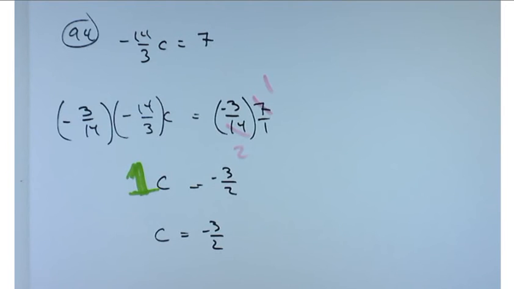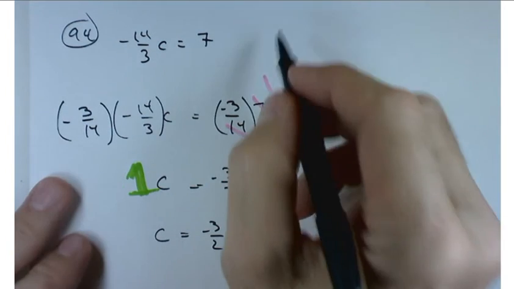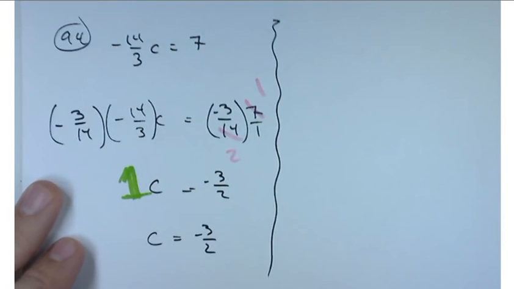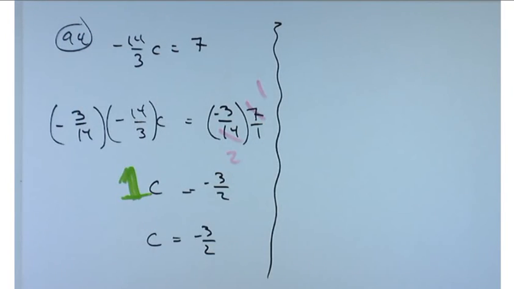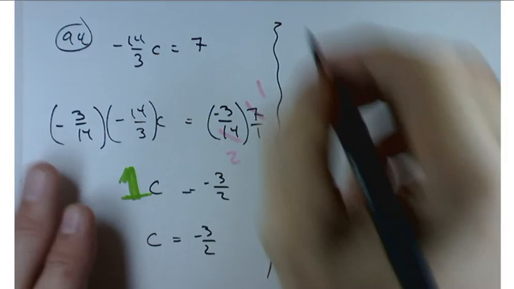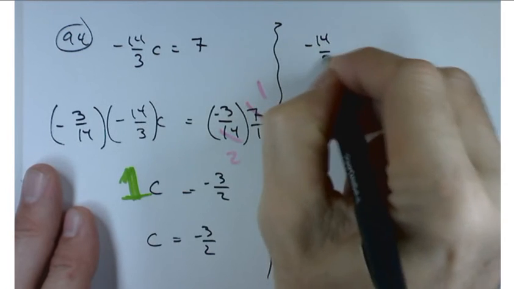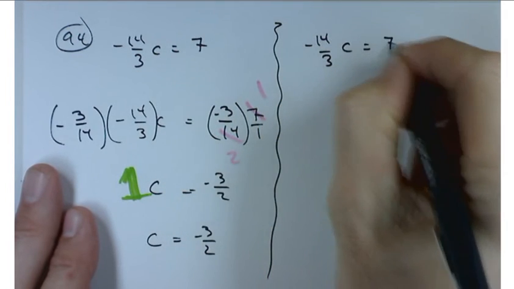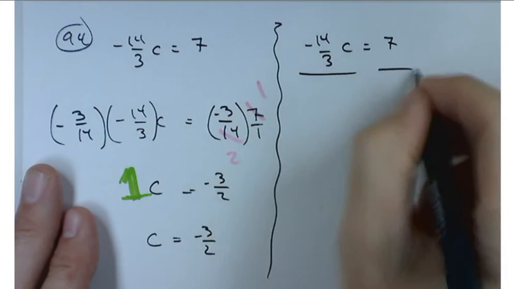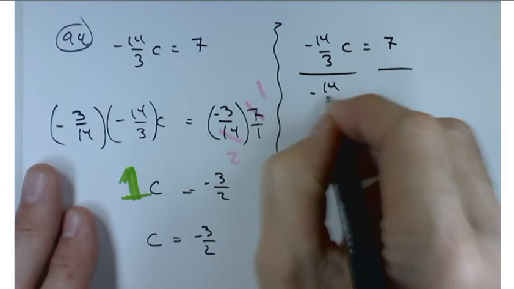For those of you who would be more comfortable dividing, that's fine. If you look at that and say the opposite operation of multiplication is division, then that's fine. Let me show you what would happen if we did it with division. I would divide both sides by negative 14 over 3.